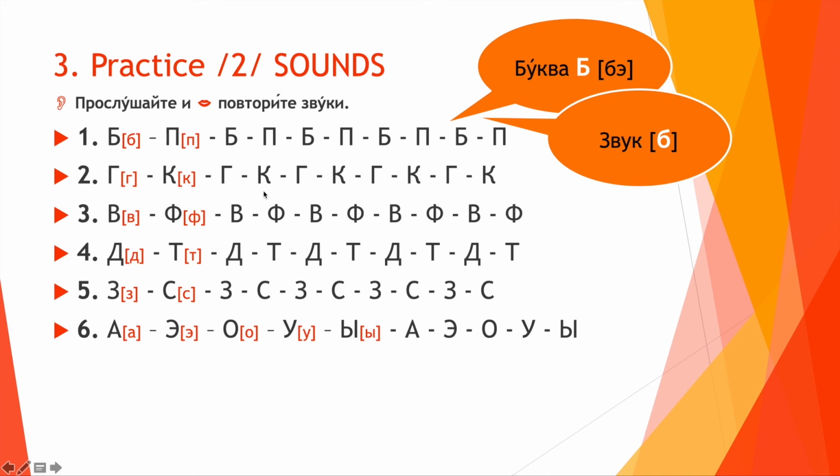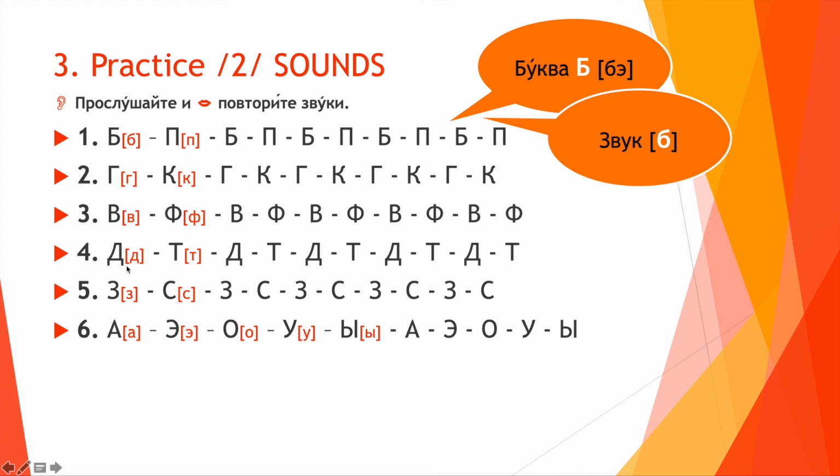G, K, G, K, G, K, G, K. The third line, V, F, V, F, V, F. Remember, I'm talking about the sounds those letters make when they are in a word, surrounded by other letters, right?